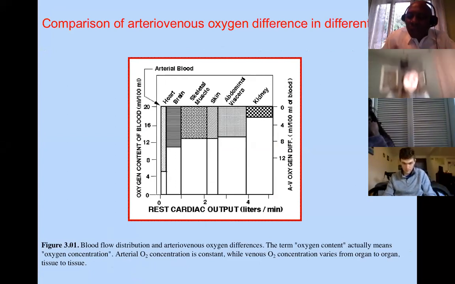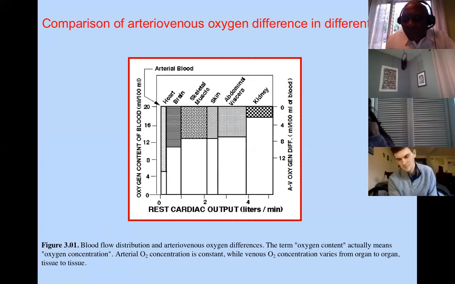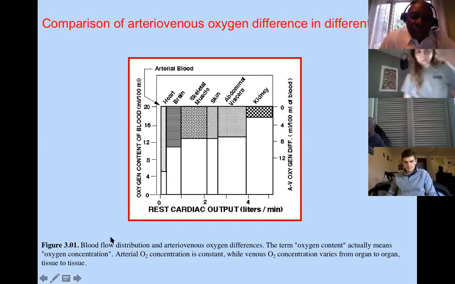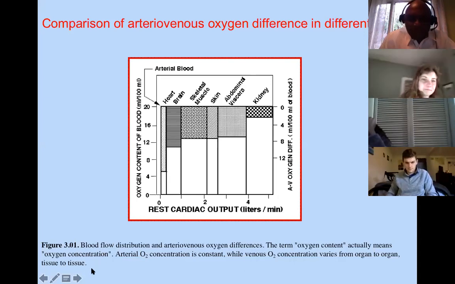So as the blood comes through in the arteries, the kidney only gets 10%. The 90% goes to the veins. Okay? And then the other tissues are in between. Now, what are the implications of this? The next slide shows now the implications.